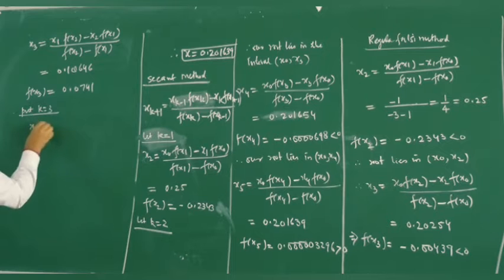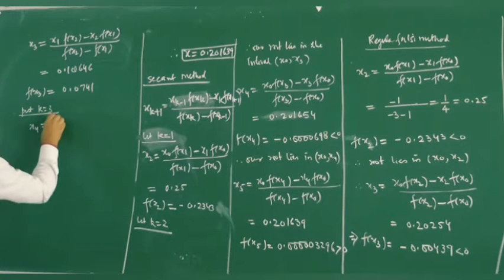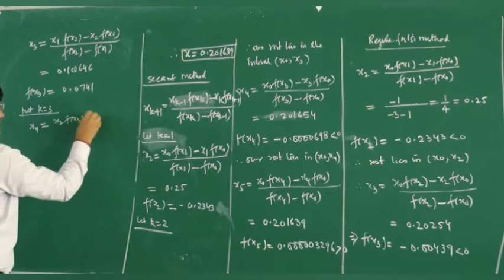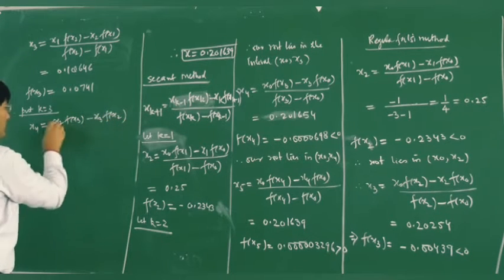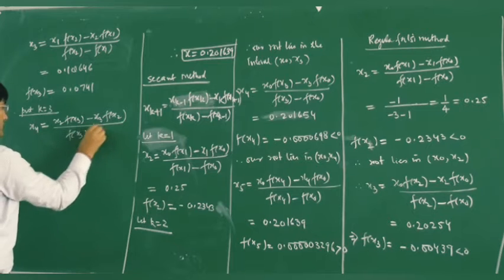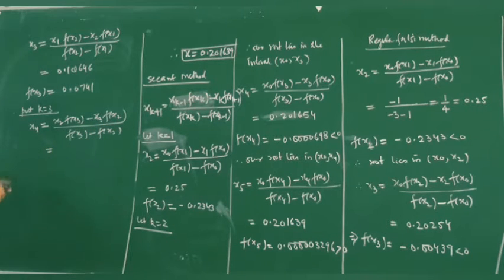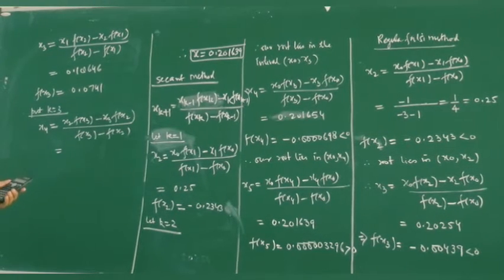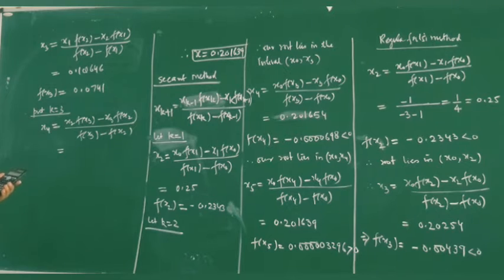So your x4, put k equal to 3. Your x4 will be equal to x2 f of x3 minus x3 f of x2 divided by f of x3 minus f of x2. Your x3 is 0.18646 multiplied by f of x2 is... your x2 is equal to 0.25 multiplied by f of x3, which is equal to 0.0741.